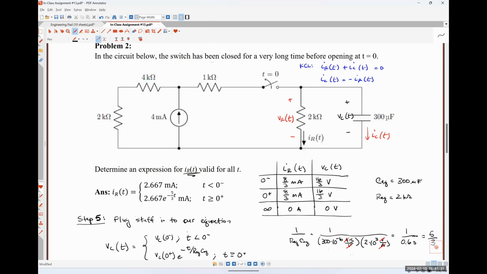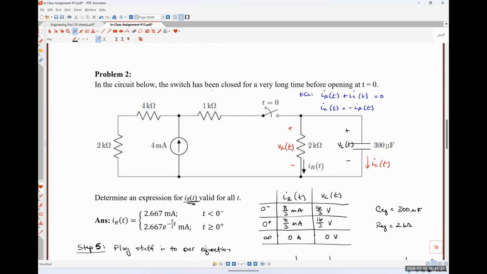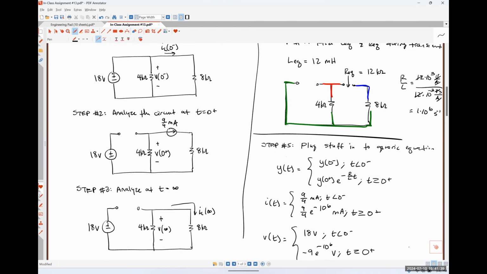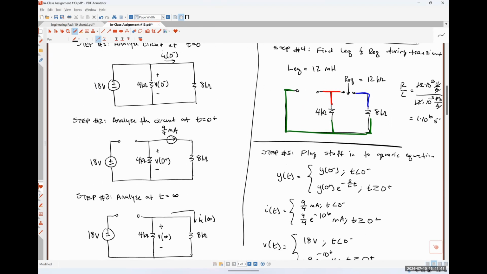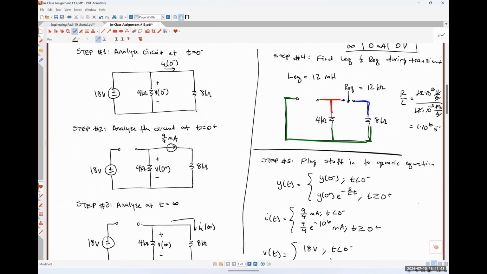The reason that we were getting milliamps was simply because volts per kilo ohms gives us milliamps. Is there any math behind the milliamps for the 9?